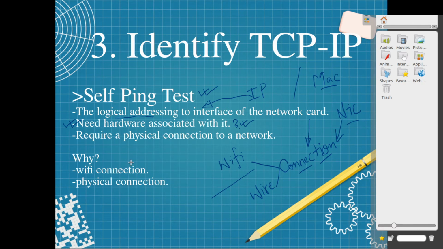Now next, it requires a physical connection to the network. Yes, this is very important. For loopback testing we don't need any physical connection. If there is no connectivity, you can do your NIC card testing. If there is connectivity, we can test our network, and then only we can do the self-ping.